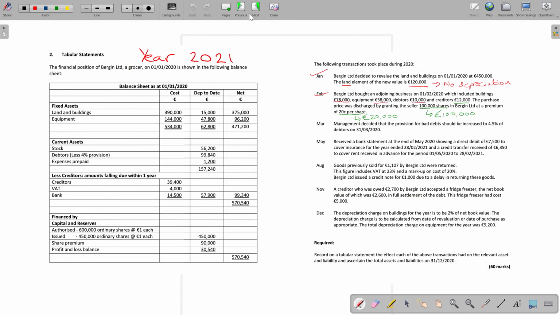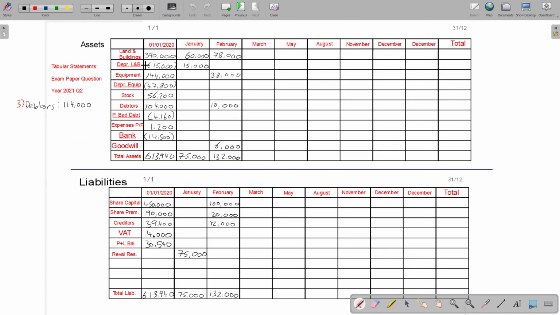And we said that we wanted to increase it to 4.5%. So multiply by 4.5%. If you put that on your calculator, we get 5,130. So this is a negative asset.